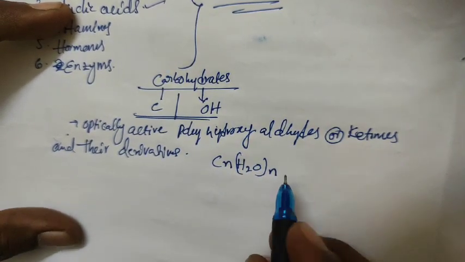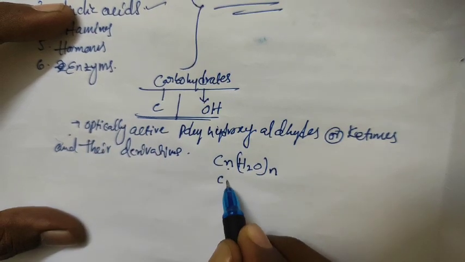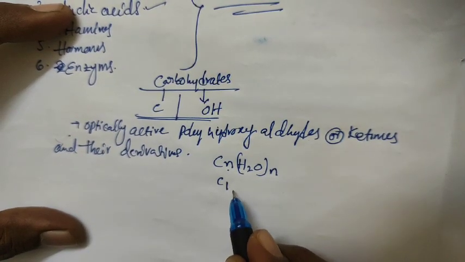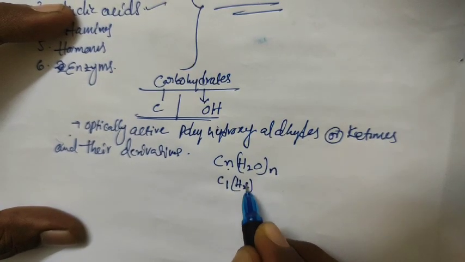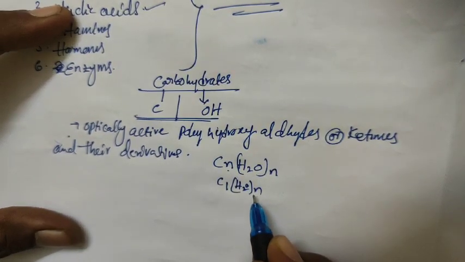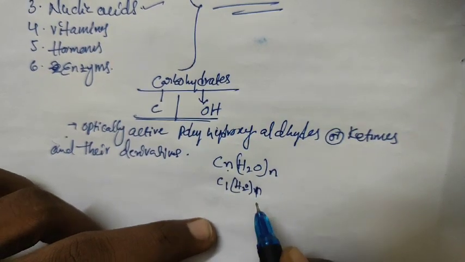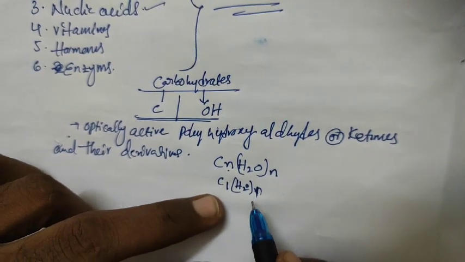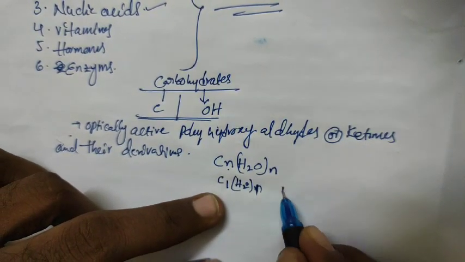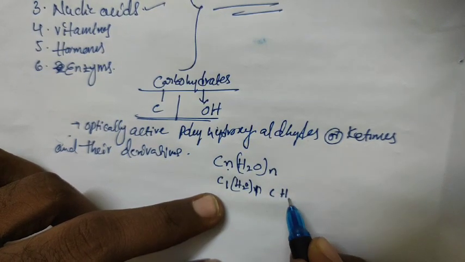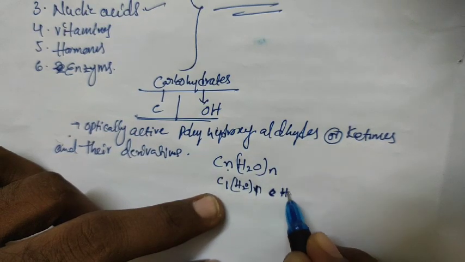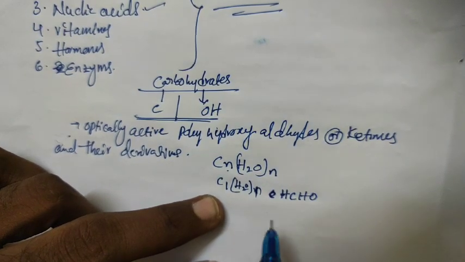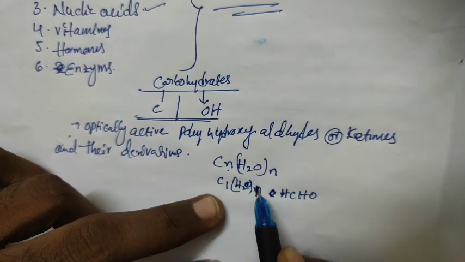So the formula of carbohydrates is CnH2nOn. Here instead of n we take 1, that means C1H2O1, which is HCHO.